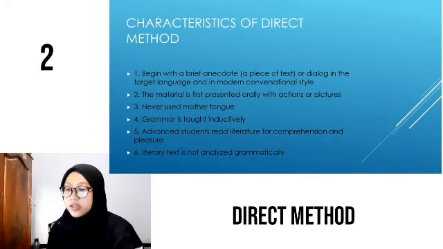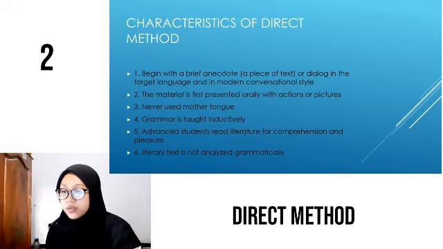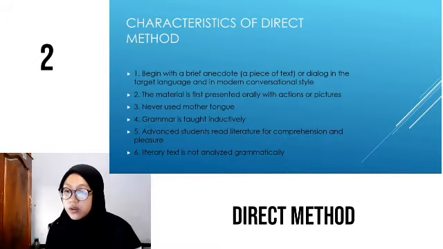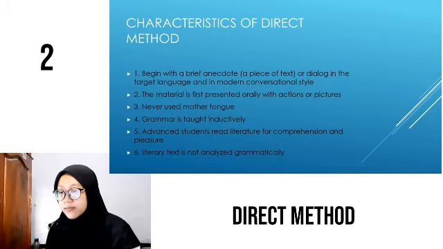Instead, the teacher just gives examples of the use of to be in sentences, drills them to the students, and lets the students draw the conclusion of how to use them correctly.